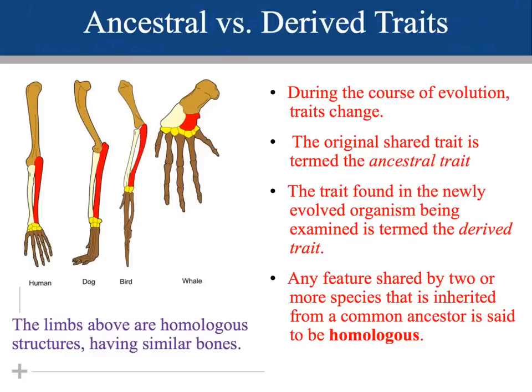Any feature that's shared by two or more species is, again, called a homologous structure or a homologous feature. Ancestral traits are the traits that came from the original ancestor, so the older trait or the older organism, whereas derived traits are traits that you see in newly evolved organisms, and they came from that common ancestor. They were passed on in the genetic makeup.